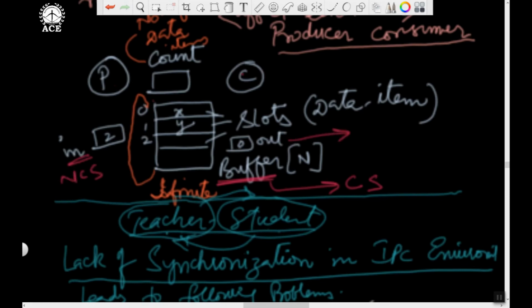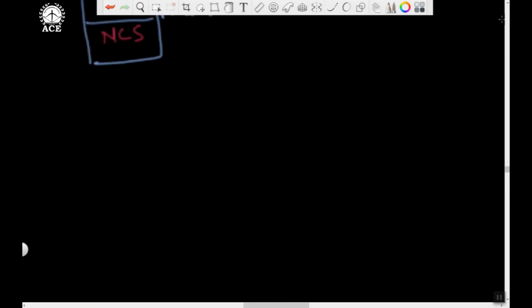Variable out is used only by consumer, this is non-critical section. Variable count is updated by producer and consumer. Producer increments count, consumer decrements count. So count is critical section. I hope you got the point now. What is critical and what is non-critical? Critical section is that part of the program where shared resources are accessed and manipulated.